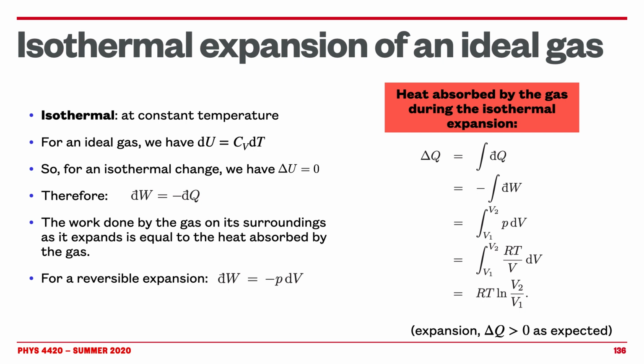This is really nice. So the expansion has to be an isothermal expansion for an ideal gas, and it has to be done reversibly. So it's a loaded set of conditions. But we can tell the amount of heat that we needed to provide to the system in order to move it from a volume V1 to a volume V2. It's written right there. Okay.